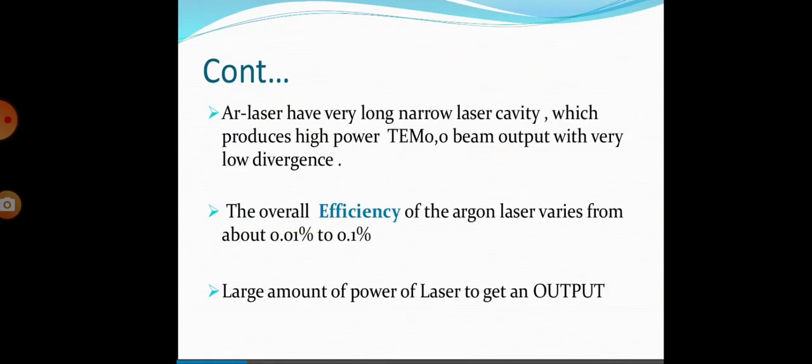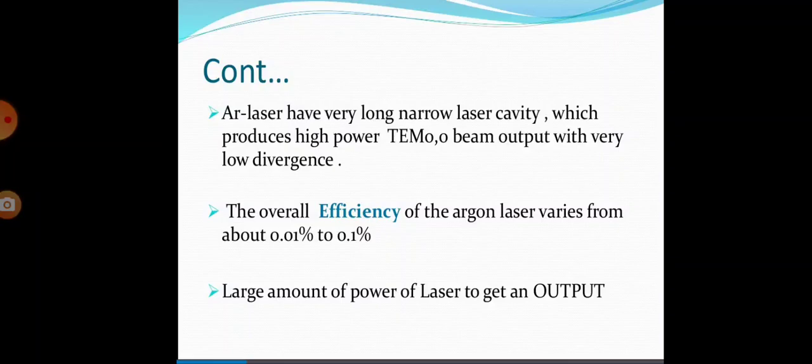A laser has a very long narrow laser cavity, which produces a high power beam output with very low divergence. The overall efficiency of the argon laser varies from about 0.01% to 0.1%.